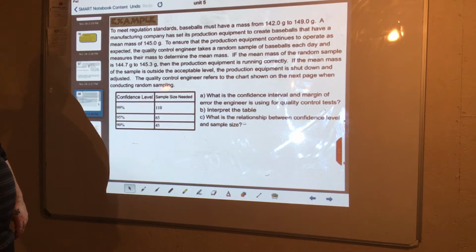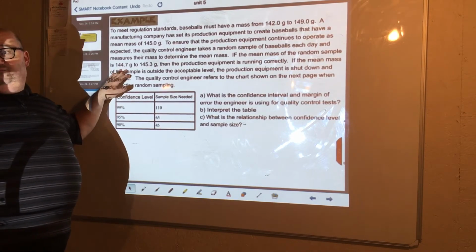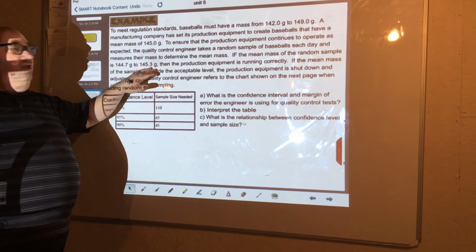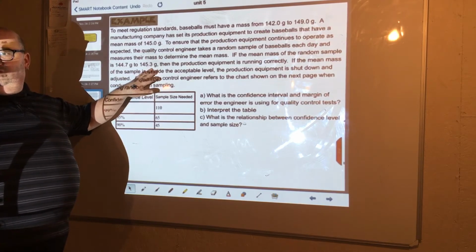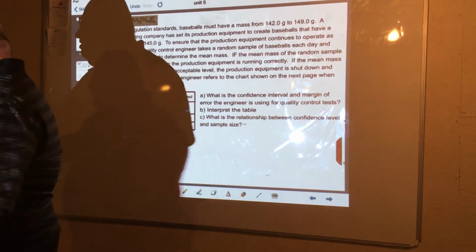We know that the mean is 145, yes? And they're saying, okay, it's okay if it's 144.7 to 145.3. That sounds like an interval, yeah? So an interval of what?